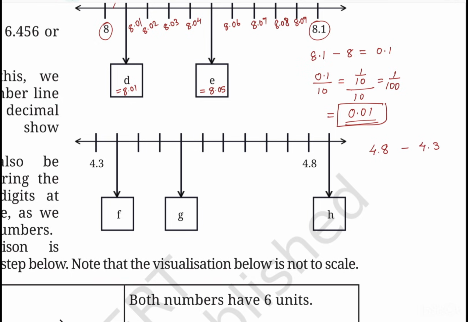For that, first we consider the length. The length from 4.3 to 4.8 is 0.5, that is 5 by 10.